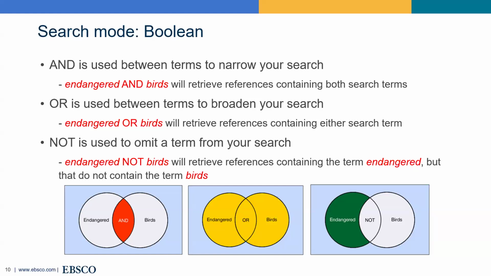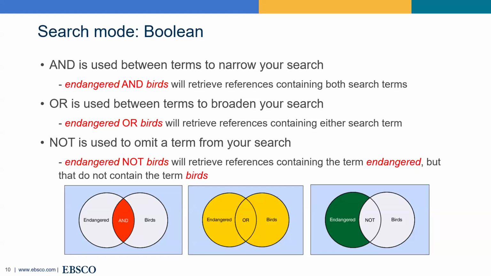But Boolean searching is a very simple and logical way of searching, but it's really very powerful. So with Boolean searching, you simply enter two or more search terms separated by one of the Boolean operators, and the Boolean operators are the words and, or, and not. So the Boolean operator and is used between terms to narrow your search. For example, if I ask the database to give me articles about endangered and birds, I will only retrieve articles that are about both those things.